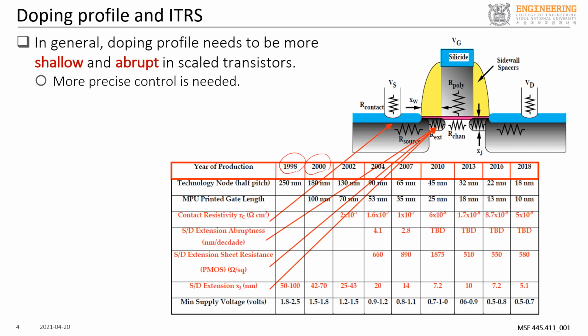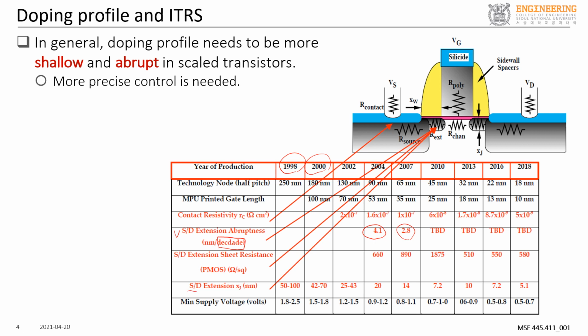For example, this row says source drain extension abruptness, meaning how abruptly the doping profile drops. And you can see that it's decreasing. You have only 2.8 nanometers for a 10x decrease in the doping concentration.